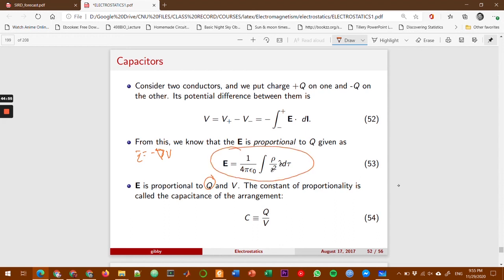So we can arrange a constant of proportionality called capacitance given by this. So this is capacitance, ang imong ratio sa imong charge and potential.